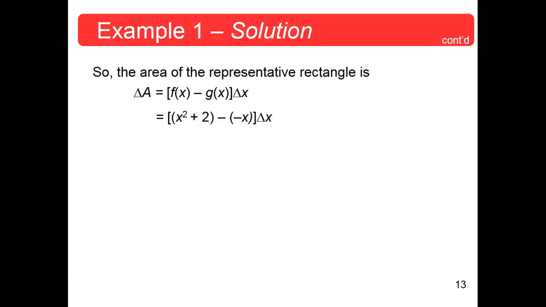That would be x squared plus 2 minus a minus x, delta x. Writing that as taking a limit, so to speak, as the delta x becomes your dx, then you're going from a to b, in our case 0 to 1, of the difference between f and g, which we know to be x squared plus 2 plus x.